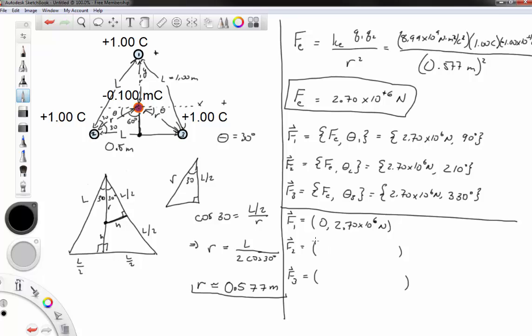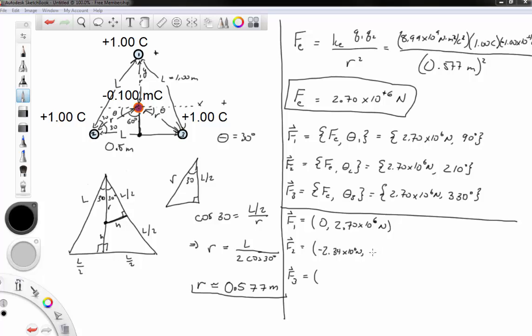So in the x direction, we're going to have the cosine component of this 30 degree thing. So it's going to be minus 2.34 times 10 to the 6 newtons, comma, and then in the y direction we get the sine component.